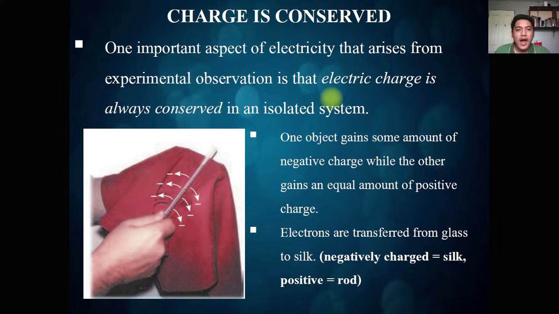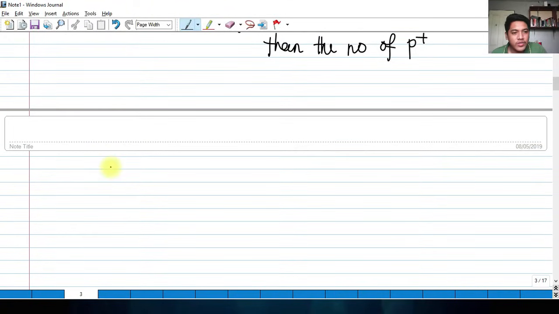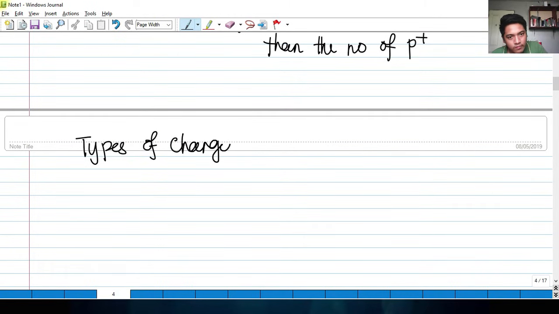And one of the charging processes is what we call charging by friction. So in this example, we have to include the types of charging. Types of charging: one, charging by friction.